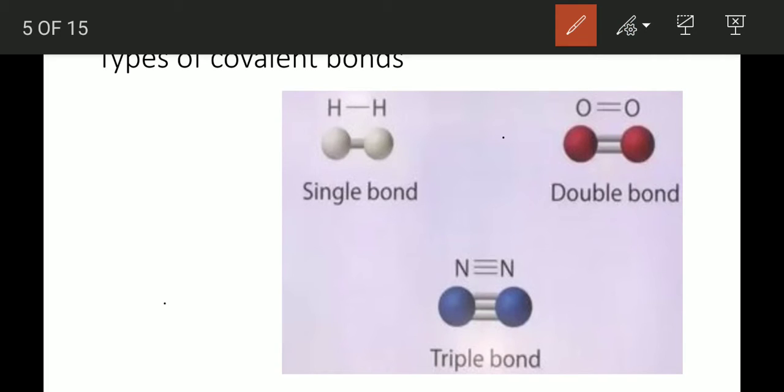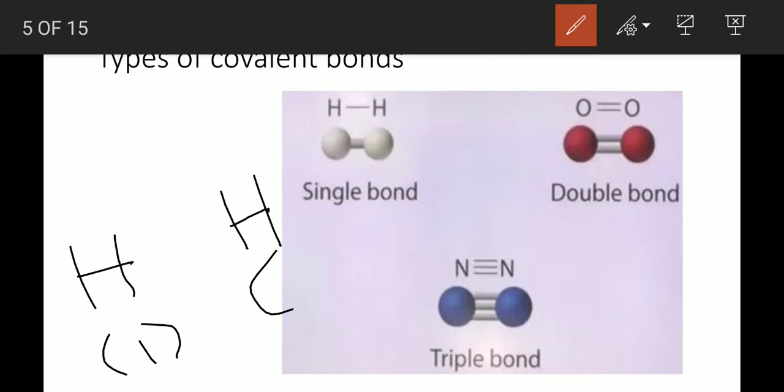Covalent bond is the bond formed by sharing of electrons. Suppose there is one hydrogen, and this is another hydrogen. Hydrogen's electronic configuration is 1, and this has also 1.